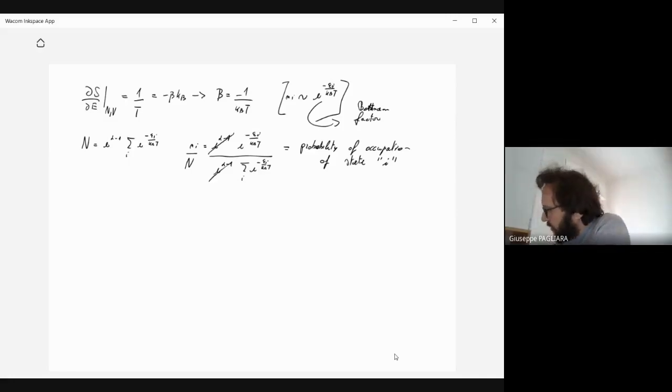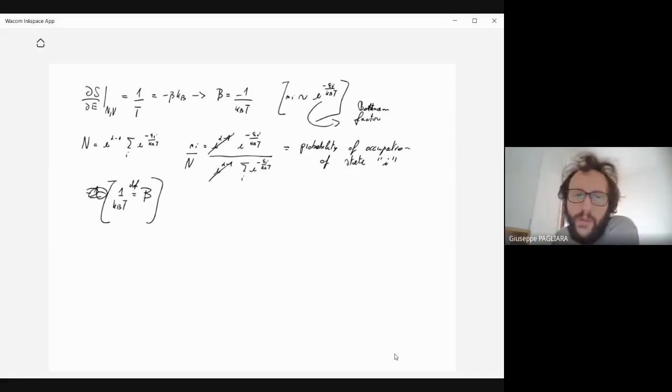Of course, this drops. And I can introduce a quantity. Let me call 1 divided by kBT beta, by definition, which is not the same beta as before, since I have an additional minus.